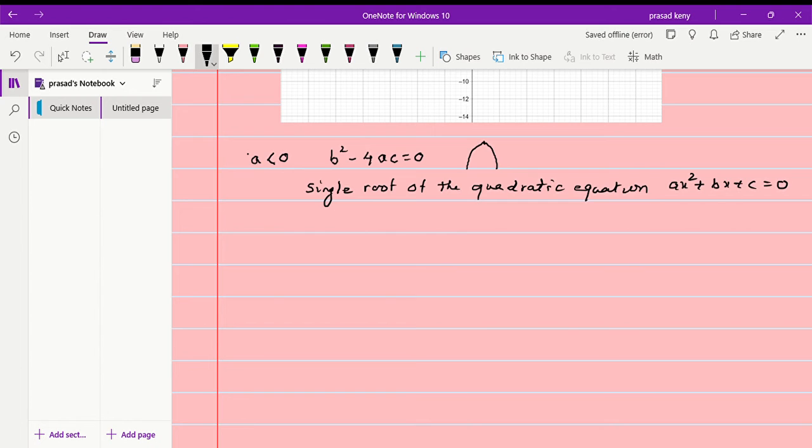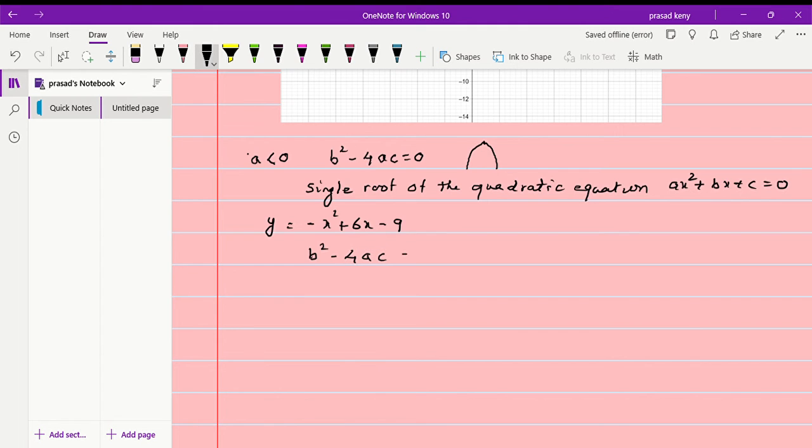So take for example here y is equal to minus x square plus 6x minus 9. So in this case the discriminant is b square minus 4ac.